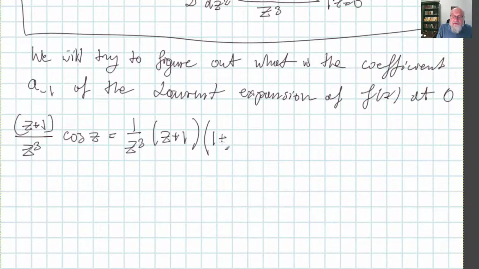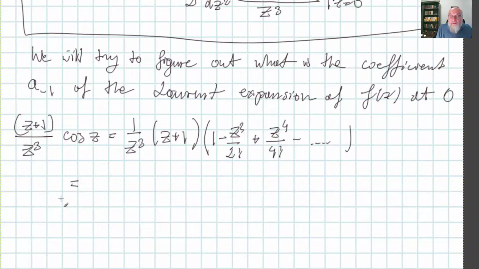And then you have cosine, which is 1 minus z squared divided by 2 factorial plus z to the 4 divided by 4 factorial, minus and so on.